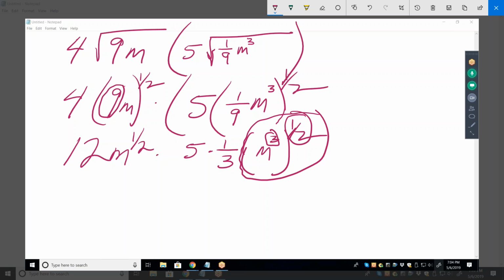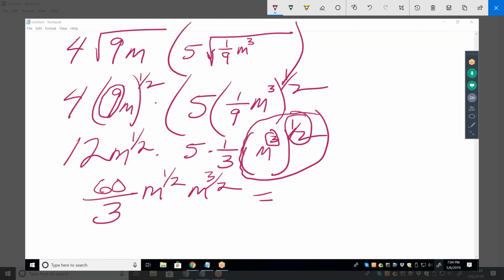Okay, so now I'm going to multiply my 5 times the 12, divide it by 3, and I've got m to the 1/2 times m to the 3/2. You with me? What does all of that become? Alright, wait, I got this.